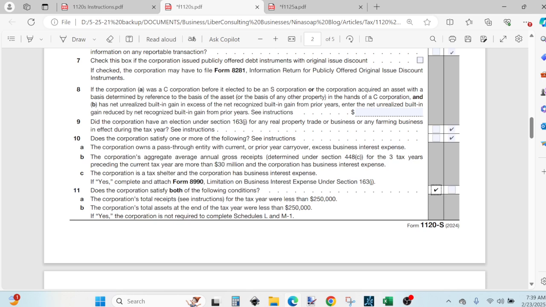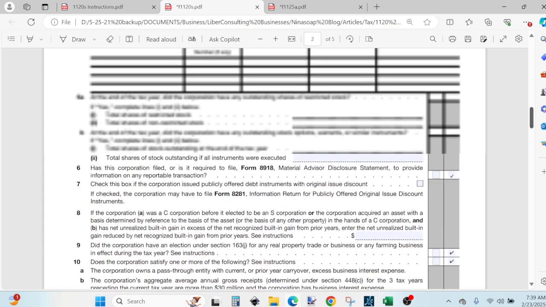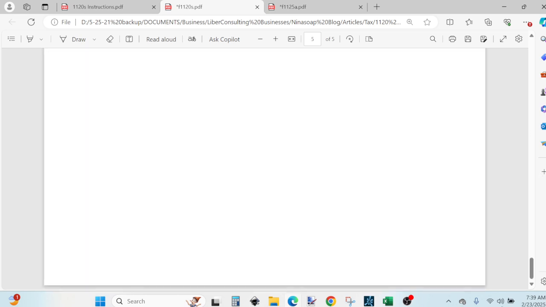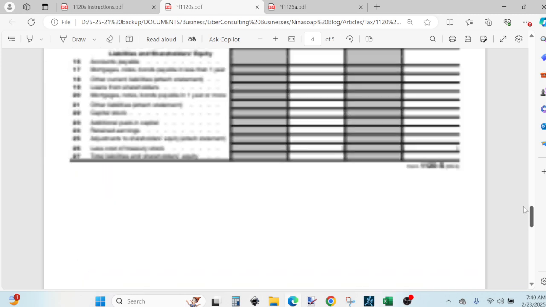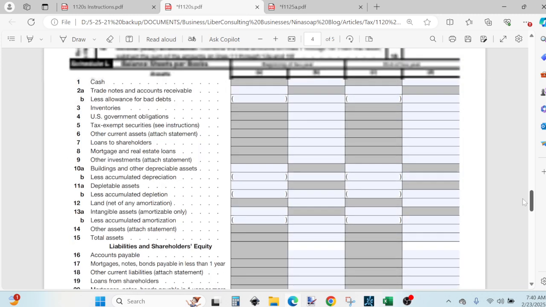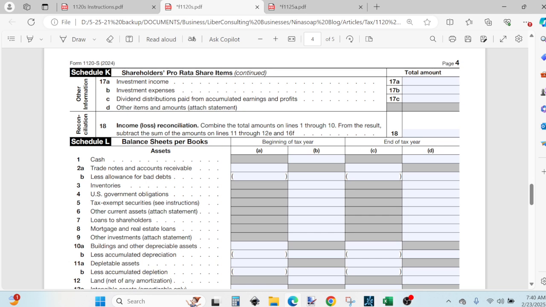If yes, the corporation is not required to complete Schedule L, which is the balance sheet, and Schedule M-1, which is like the profit and loss reconciliation. That is pretty much the balance sheet, a simplified version that we use, Schedule L.